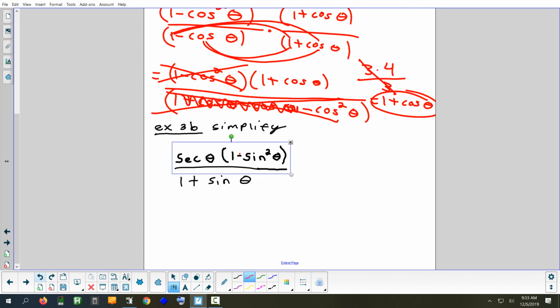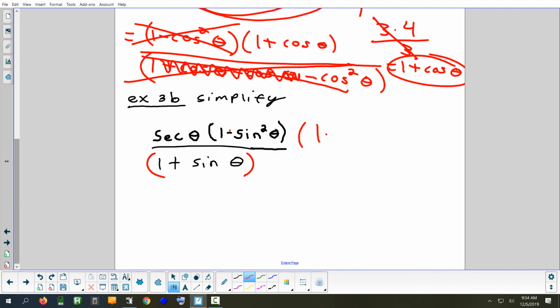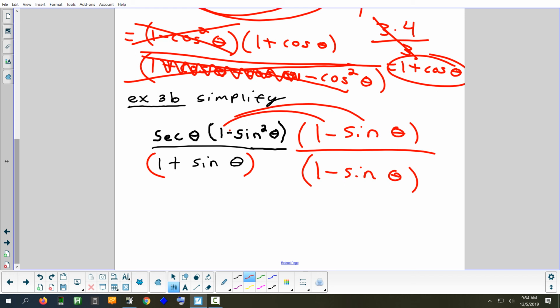Okay. All right. So what's the conjugate there? One minus sine. So I'm going to multiply the top by 1 minus sine and the bottom. Do you think I want to do out the top? No, top looks awful. If you were to multiply all this together, you'd have to FOIL these two together. And look what would happen when you FOIL the last.